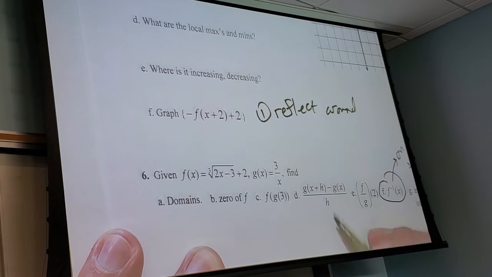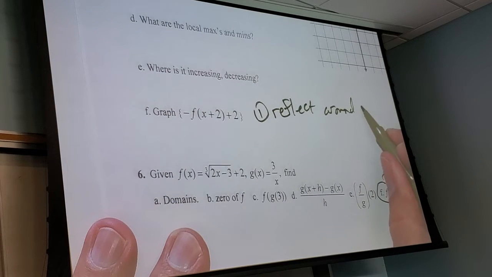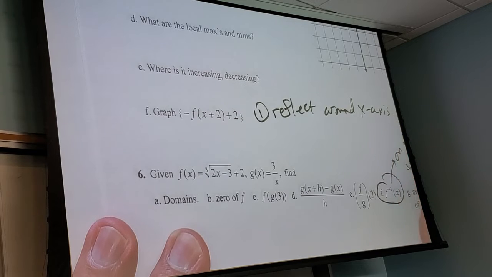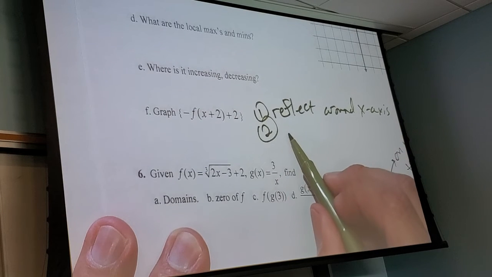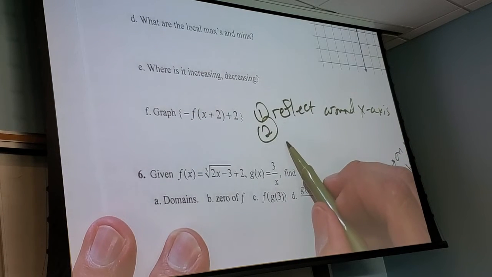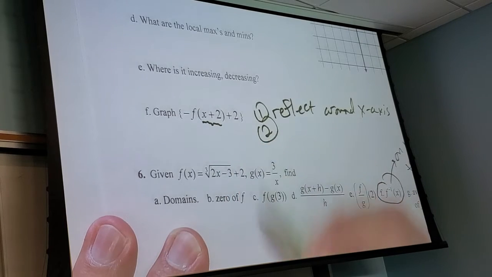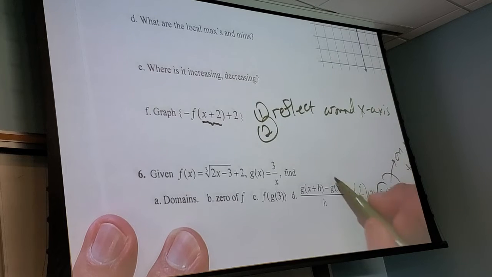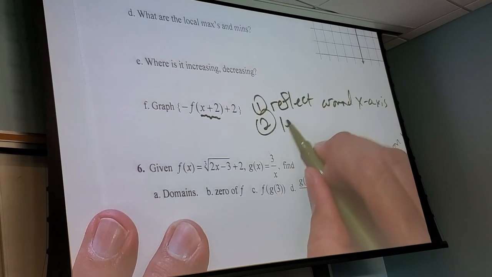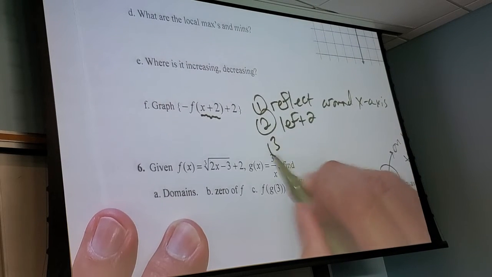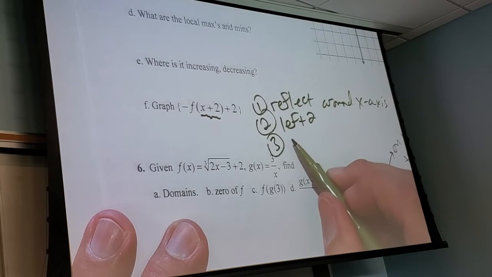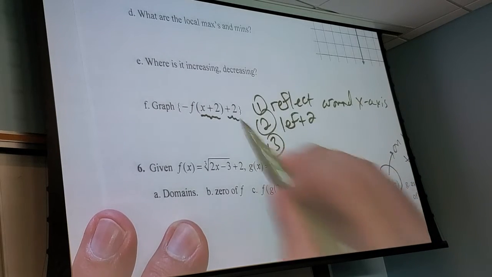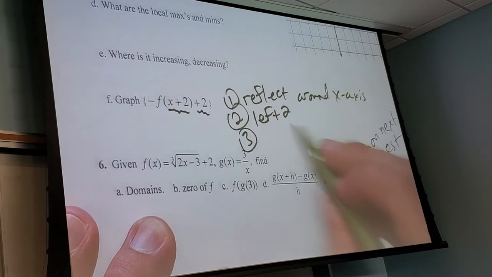X. Around, yes, x-axis. What's the second thing? Yeah, inside here, what's that going to do to it? Left 2. I love it. We had a lot of discussion about why that is. So it's going to make it go left 2. And then the final thing you do, because we follow order of operations, is what's that going to do? Up 2.